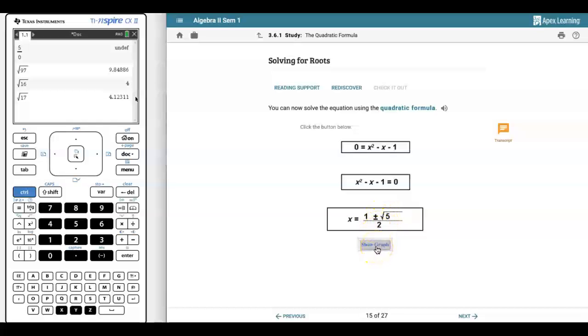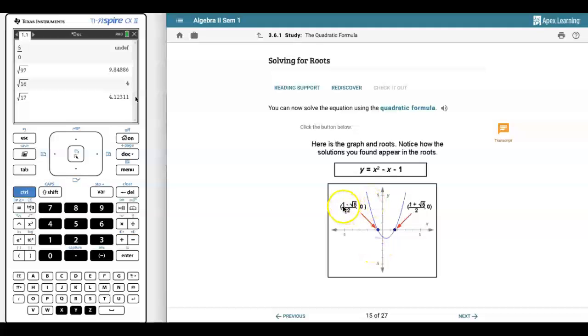So when I look, I got 1 minus the square root of 5 over 2 and 1 plus the square root of 5 over 2. And those are my roots. Those are my answers. Those are my solutions. And they end up being my x-intercepts because we had y set to 0. Because if we looked at this, it was 0 equals x squared minus x minus 1.